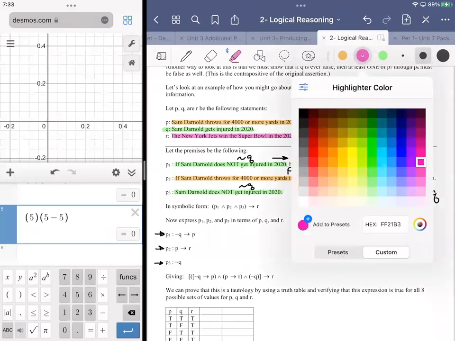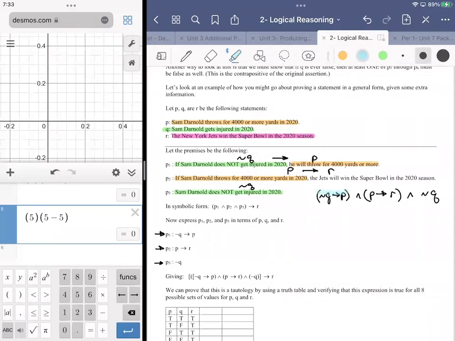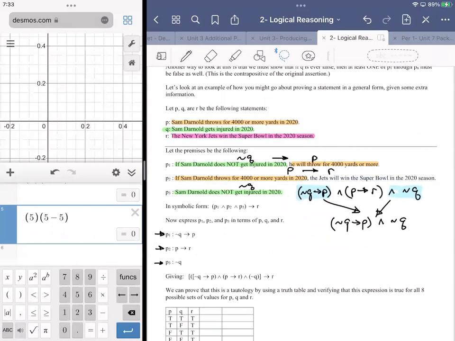Let me get a different highlighter color here. Oh, it's like baby blue here. So it makes sense to focus on these two first. Sometimes an arrow is just an arrow. So this is not Q then P, and not Q. That's going to result in a P. Actually, these arrows look pretty terrible.